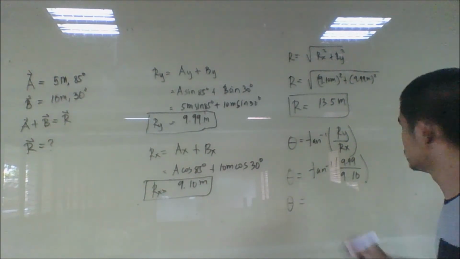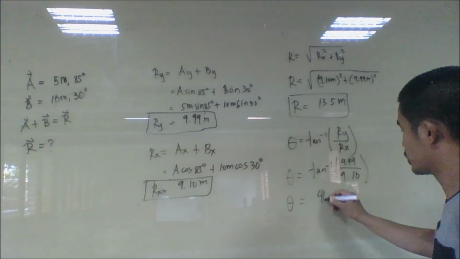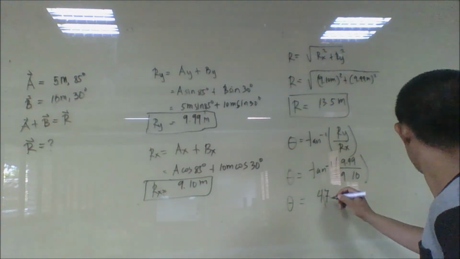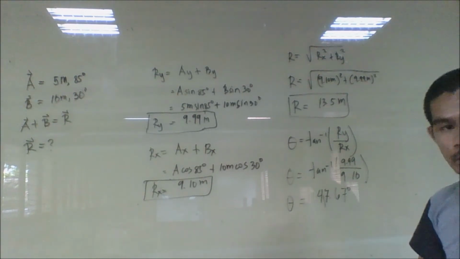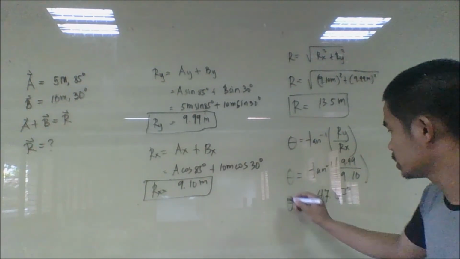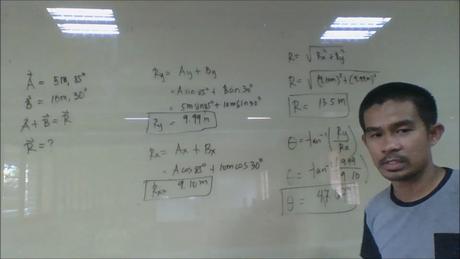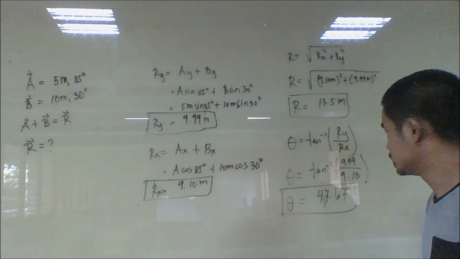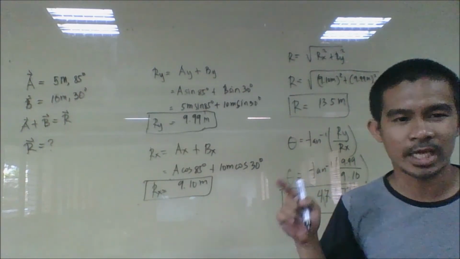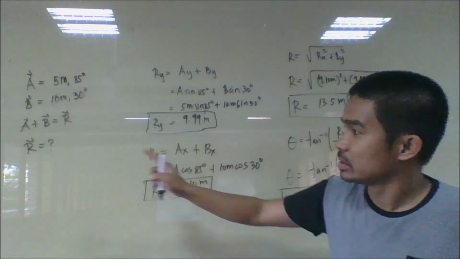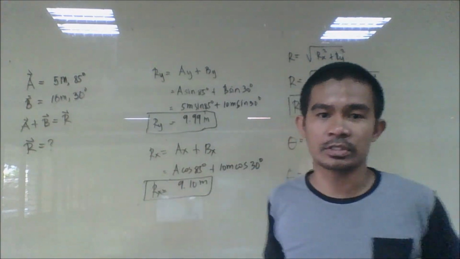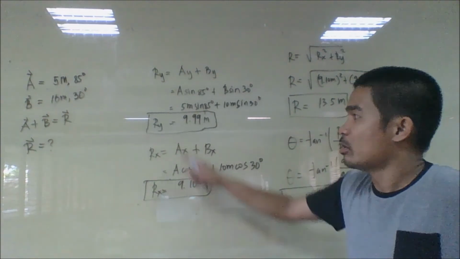So theta is approximately 47.67 degrees. You can double check using your calculator. So we have now the direction, 47.67. So let's go back to the x and y components of the sum of these two vectors, vector A and vector B.